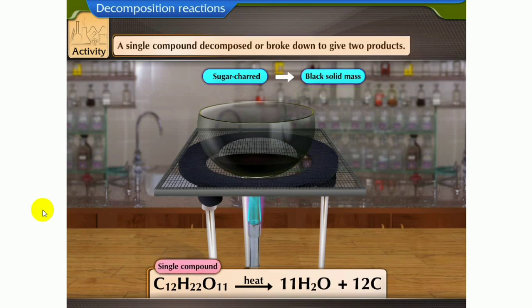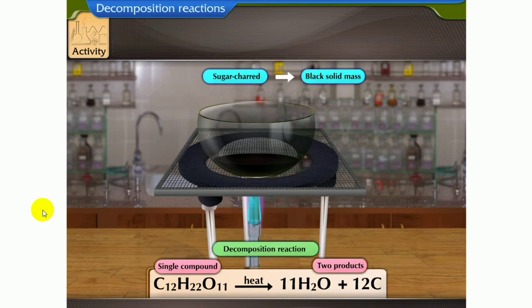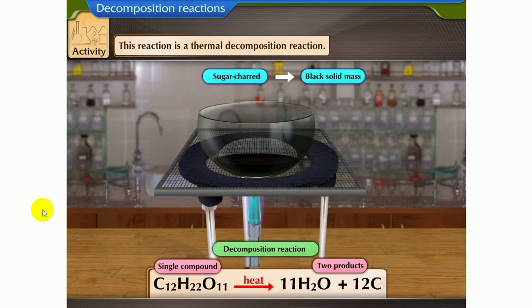A single compound decomposed or broke down to give two products. This is a decomposition reaction. In this reaction, sugar molecules are decomposed by the action of heat. Hence, this reaction is a thermal decomposition reaction.